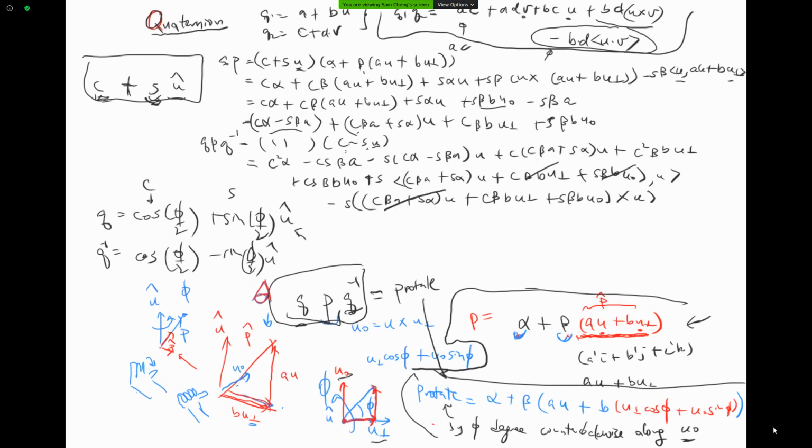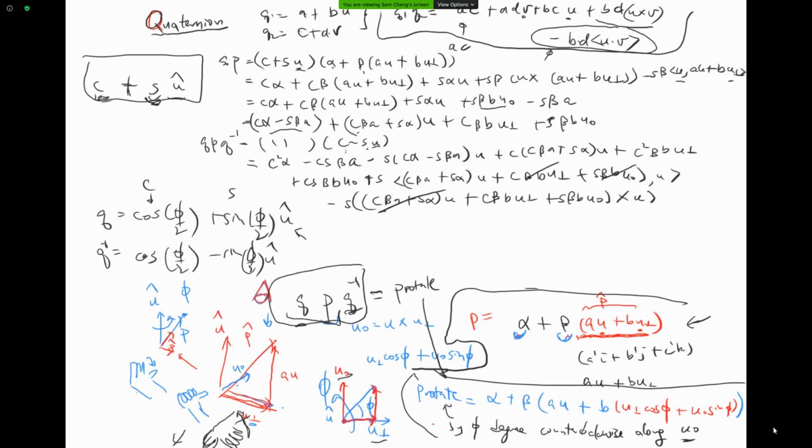And U perpendicular cross with U, if I go by the right hand rule, I have my finger pointing this direction, now I curl towards my U, so my thumb is pointing this direction.